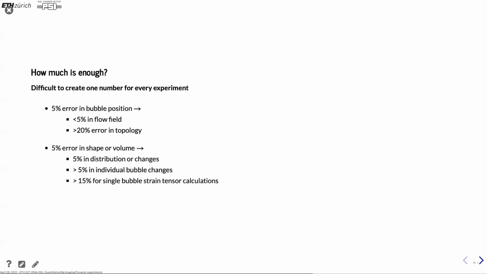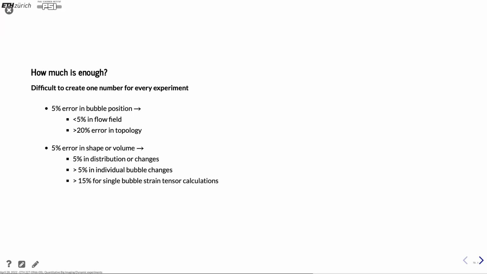And of course, we have the statistical questions. What information do you want to measure? The error in the bubble position, depending on different things, like less than 5% of the flow field, or 20% in topology.